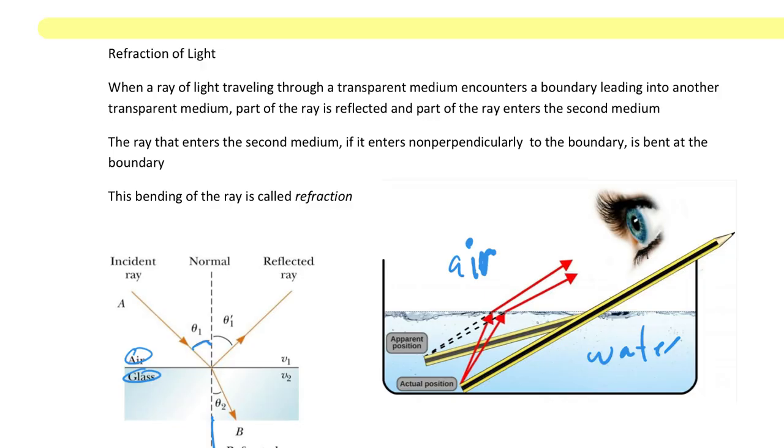In this case, this ray bent towards the normal. It didn't keep on going straight. We call that refraction.